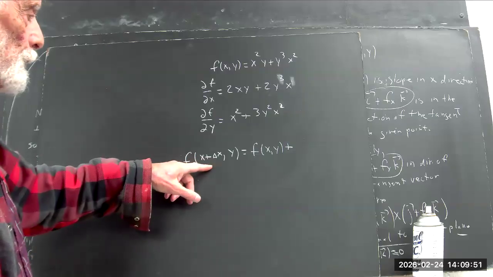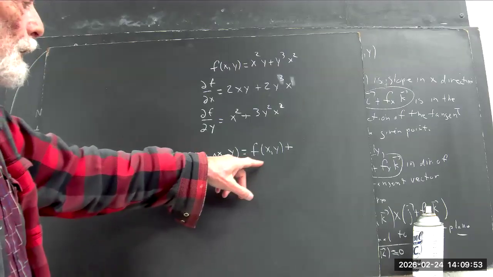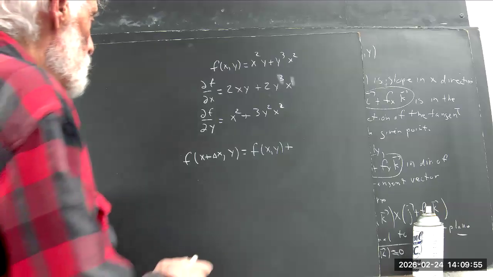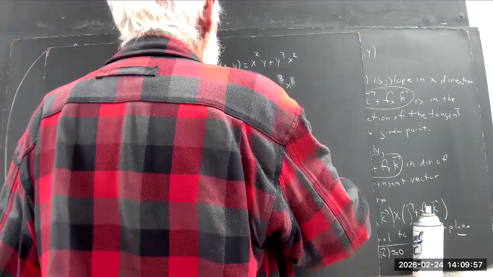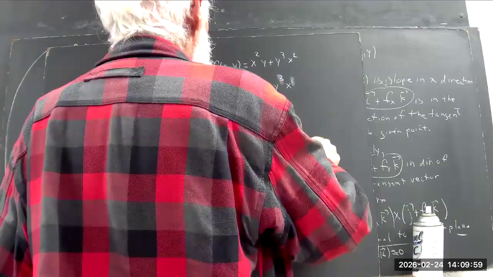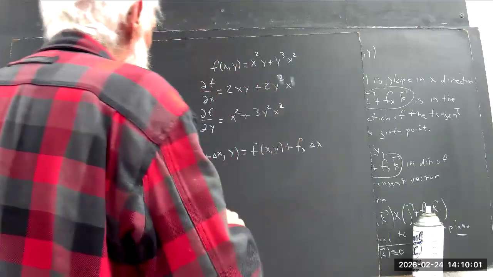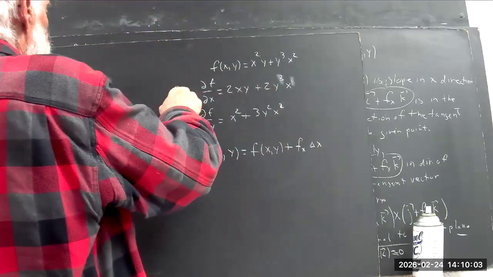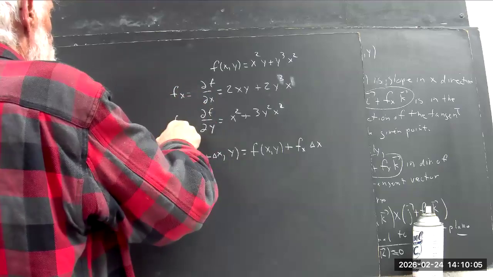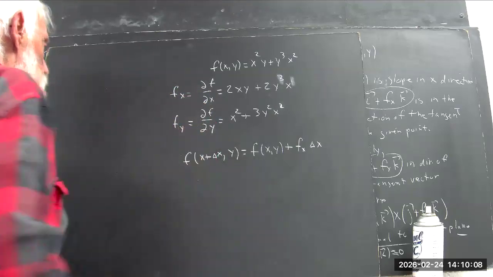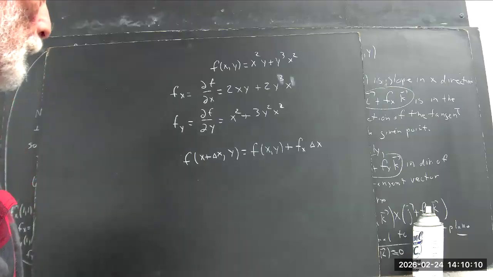Okay, f of x plus delta x, y is f of x, y plus fx delta x. I'm going to call the x derivative fx, and the y derivative fy.